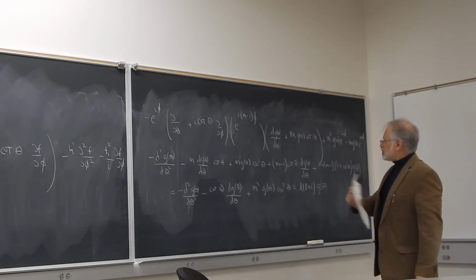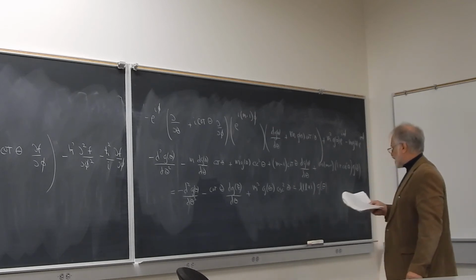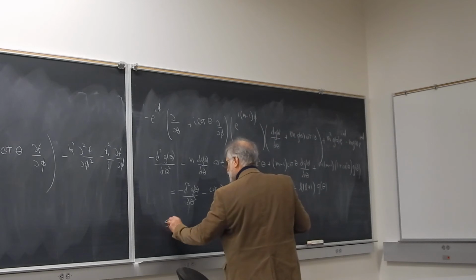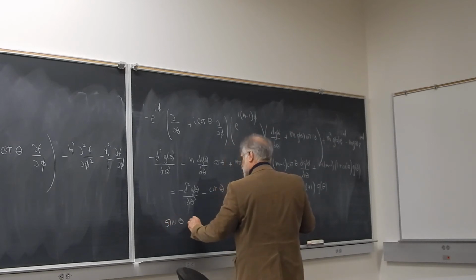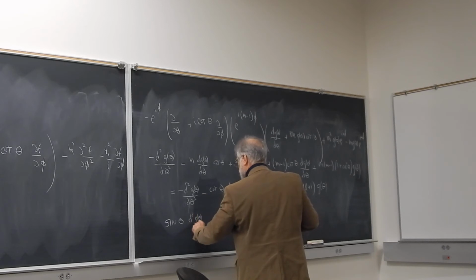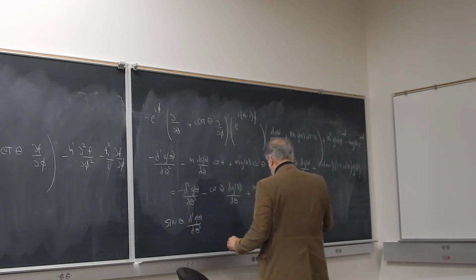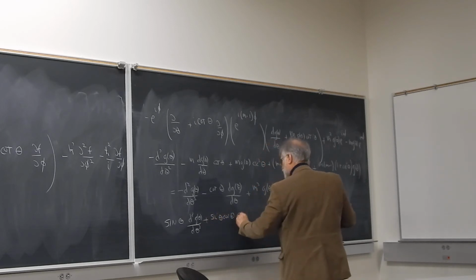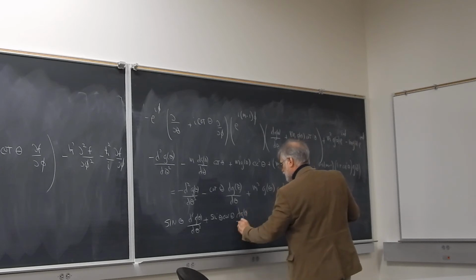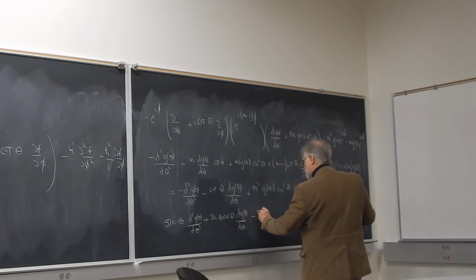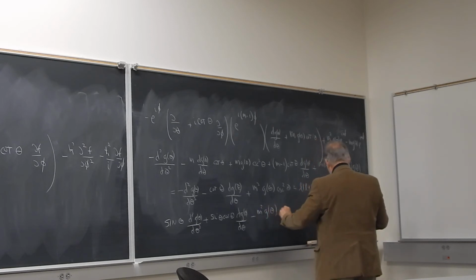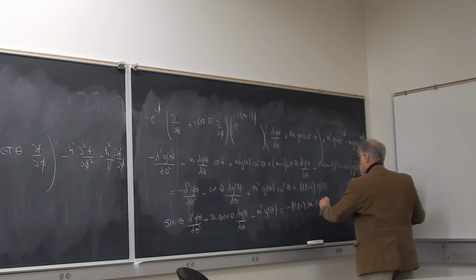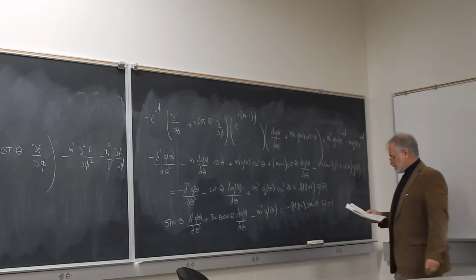Make it simple, let's multiply through by sine squared to get rid of these cotans and cosecants, and I get something that looks a little bit better. Sine theta, second derivative of g with respect to theta, plus sine theta cosine theta dg of theta/d theta, minus m squared times g of theta is equal to minus L(L plus 1) sine squared theta g of theta.